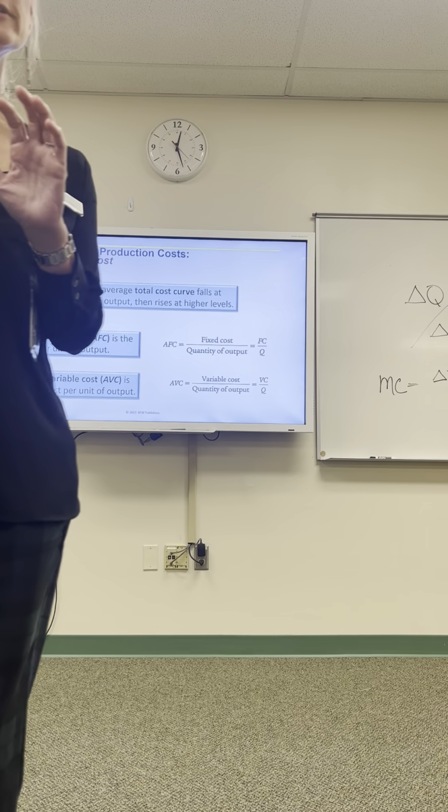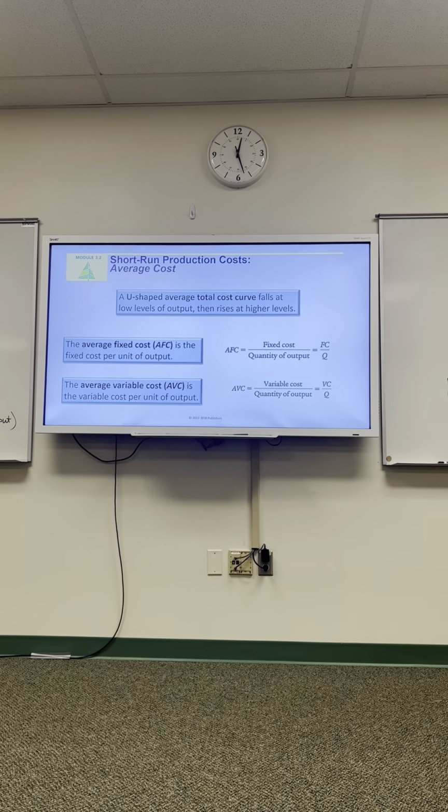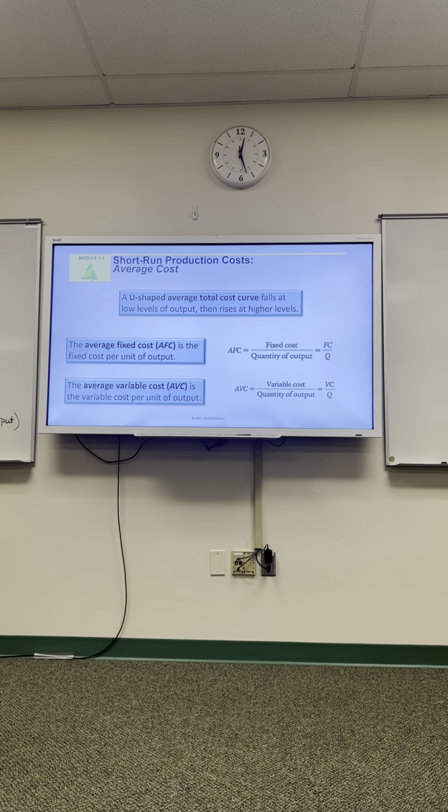I'm going to alter your drawing a little bit once we get a little bit farther. You guys have the basics from what I can see. The one thing I'm going to add is that the swoosh is going to cut through the middle, sort of the bottom of the bowl for the average total cost curve. But we're going to get to that in just a second.